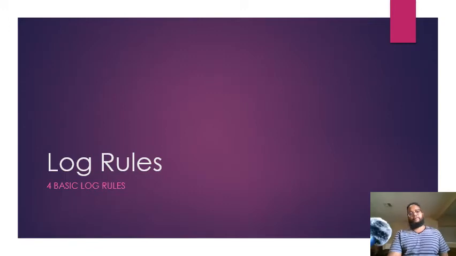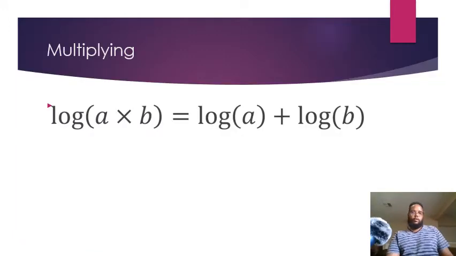Let's look at the 4 basic log rules. We have log of a times b equals log a plus log b. So just like when you multiply exponents with the same base, you add the exponents. Since log is the exact opposite of it, the rule is kind of the same.